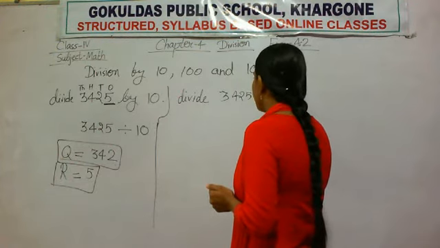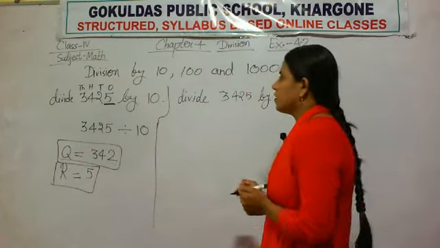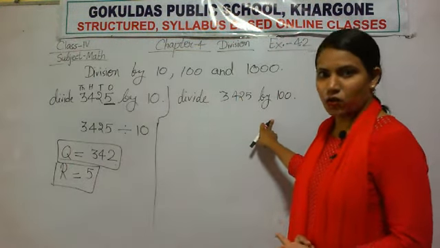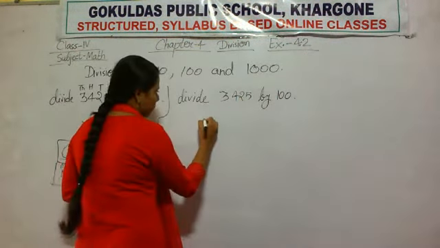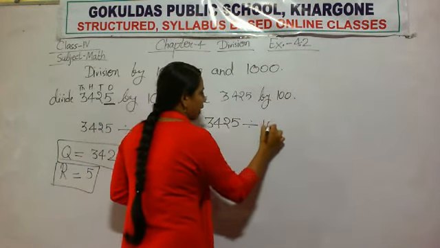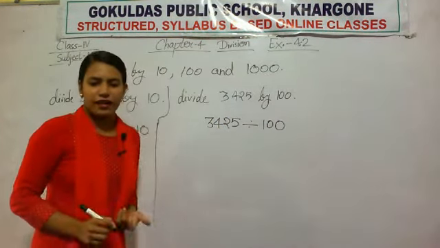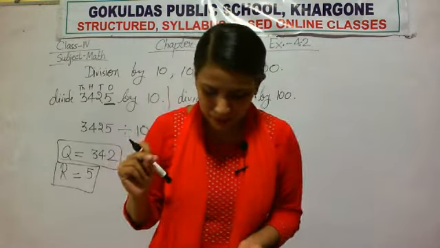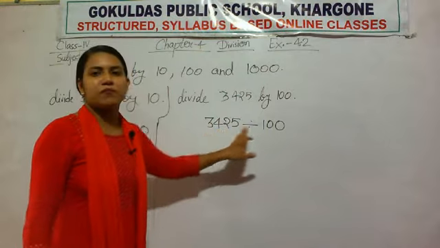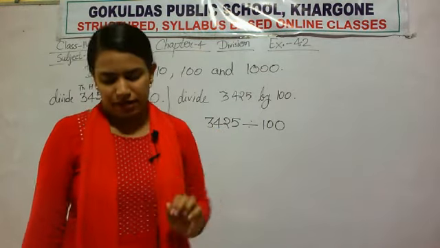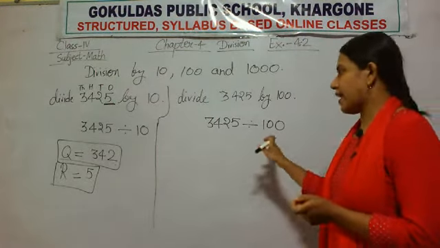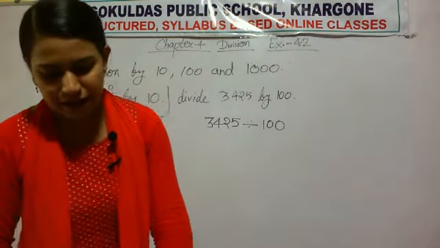3425 by 100. Now I am dividing this number by 100. If you are dividing any given number by 100, be alert.